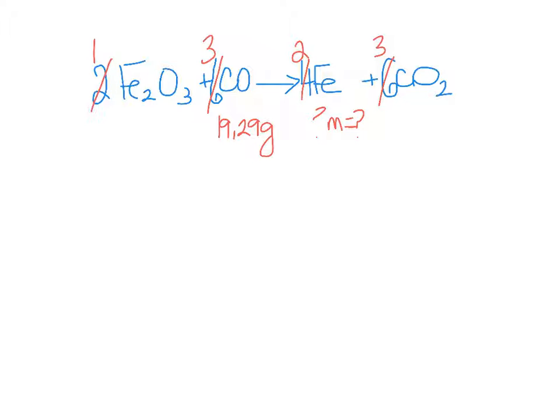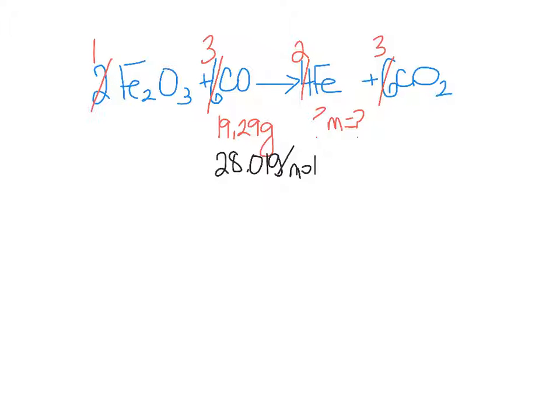What's the molar mass of carbon monoxide? 12 and 16, right? It's actually 12.01. But you said it was just 12.